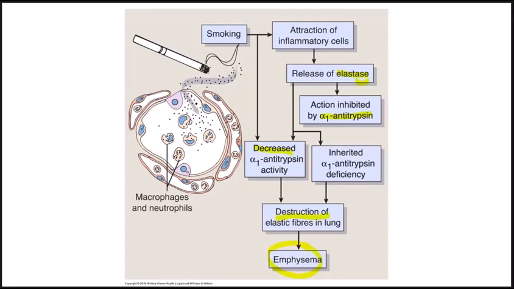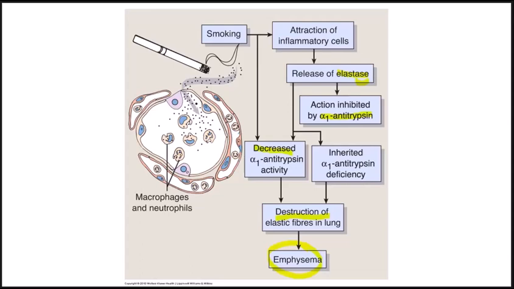People can be born, it's rare, but they can be born with a deficiency in this protein. Okay, so an alpha-1 antitrypsin deficiency. And those affected people are more likely to develop emphysema and to do so at a younger age than is considered normal, so even in their 30s or 40s.